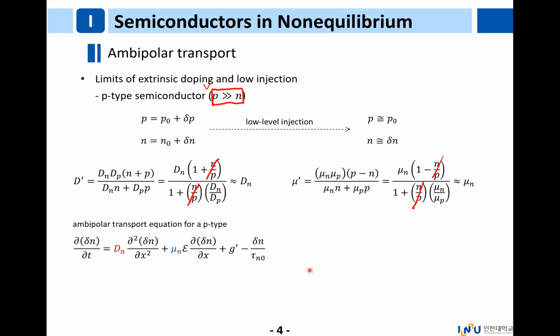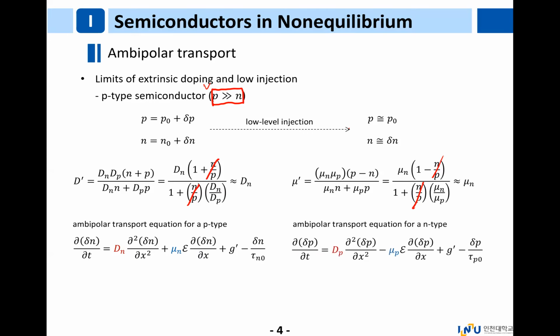Similarly, for an n-type semiconductor, we can rearrange the expression to show that excess carriers move according to the diffusion constant and mobility of the minority carriers, which are holes in this case.